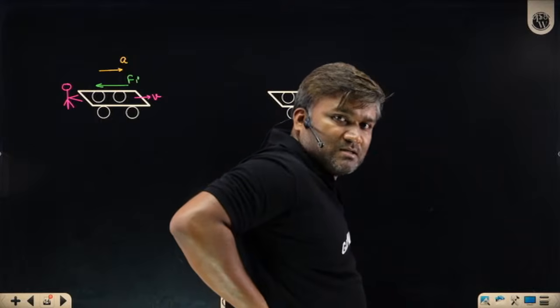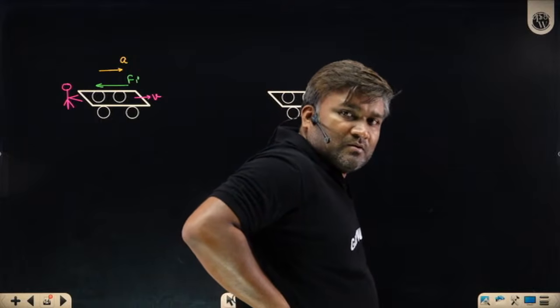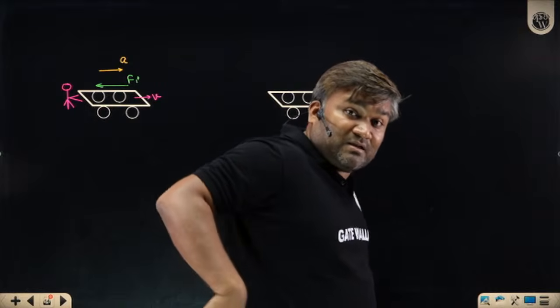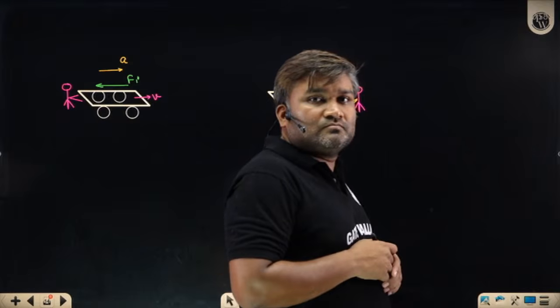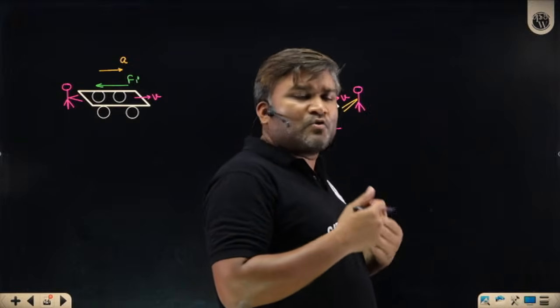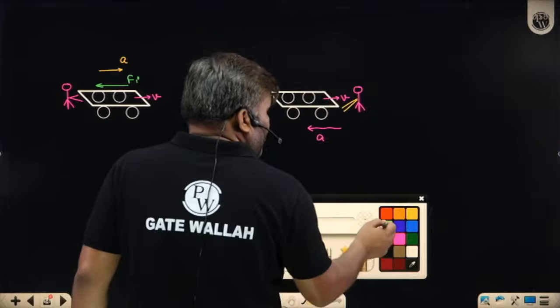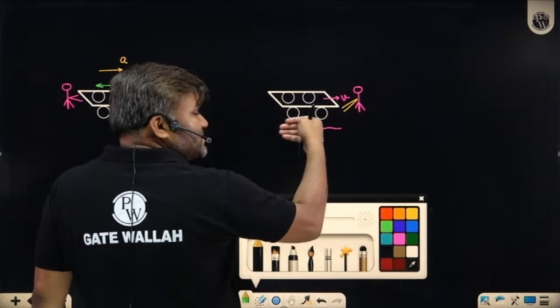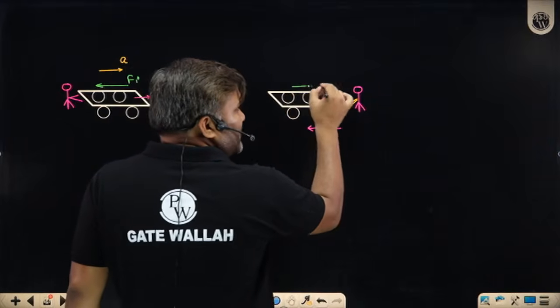You are opposing it, saying just stop, your velocity is too high, but this heavy thing is pushing you. Inertia force. Because of the inertia property, this force comes into the picture. So when you are accelerating this body in this direction, the force will be acting here.